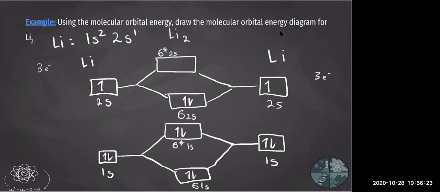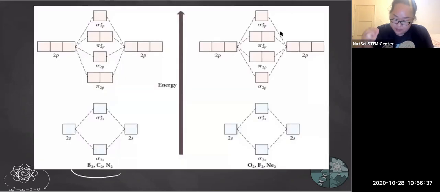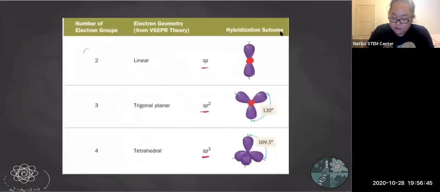I haven't learned this, but would you be able to quickly explain what sigma is or what that means? So sigma, let me go into the previous table right here. Here you'll see that we have a pi and a sigma bond. They're just a type of bond that you can see a visual of.